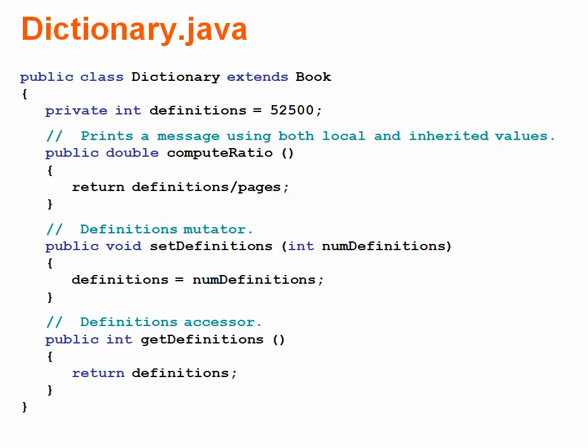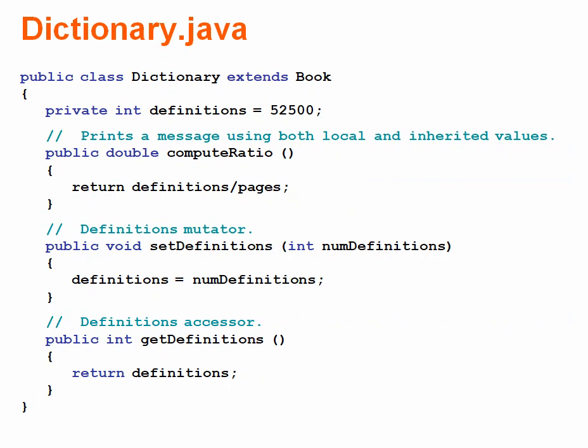This is another example of inheritance where I am providing a Dictionary class, and this Dictionary class extends the class Book. It means this class extends all the features of the Book class. Inside this class, there is a data member, an integer, of private type.